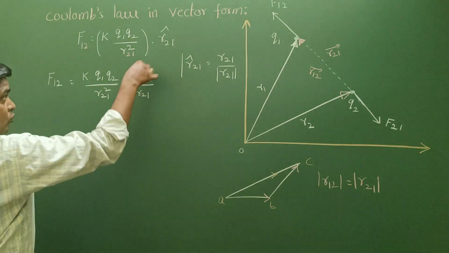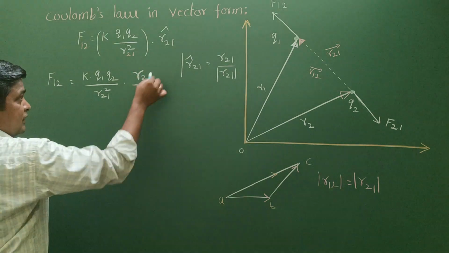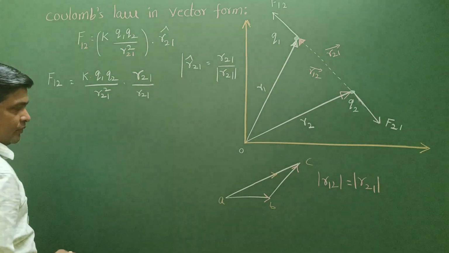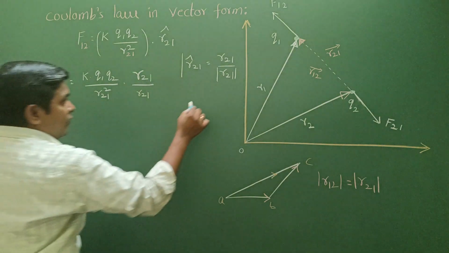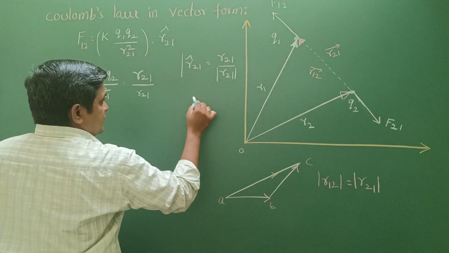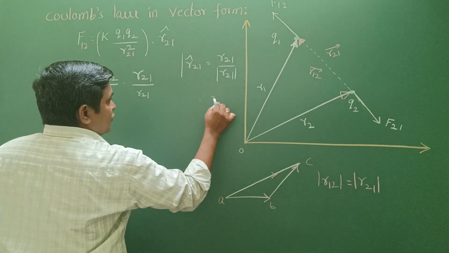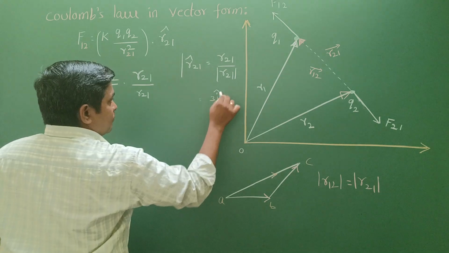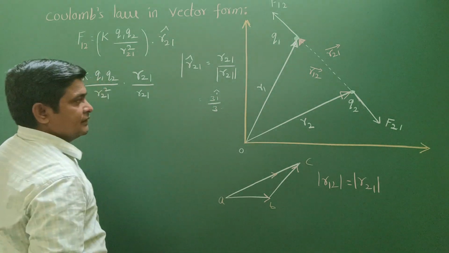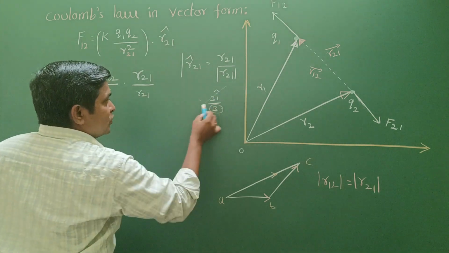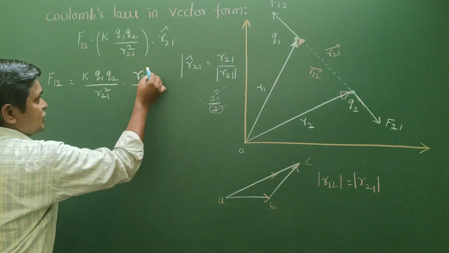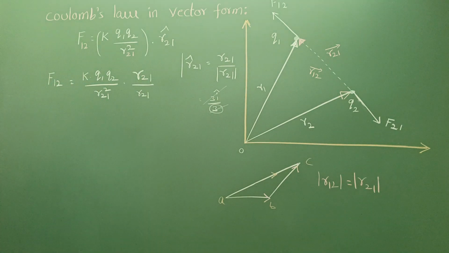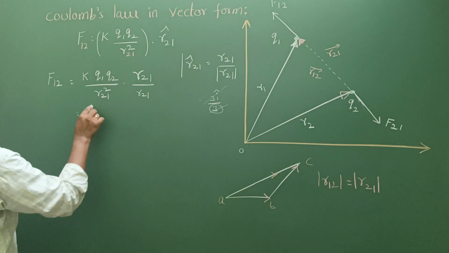But both are not the same, both will not get cancelled, because one is in vector form and the other is the magnitude. It is like 3 i cap by 3, like that. So one is a magnitude and one is a vector, you cannot cancel them, right? Similarly these two are different from one another. Then if you write it, what will you get?